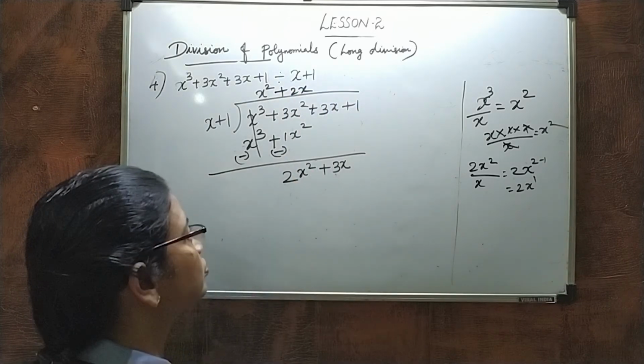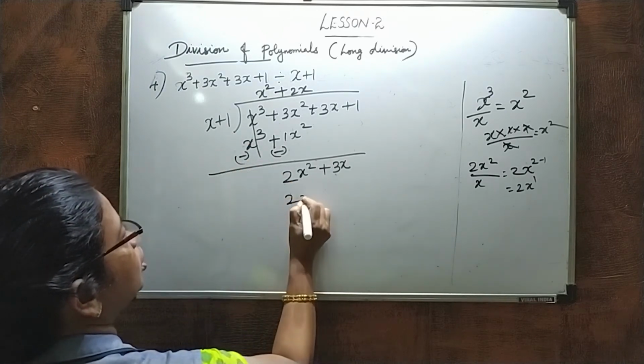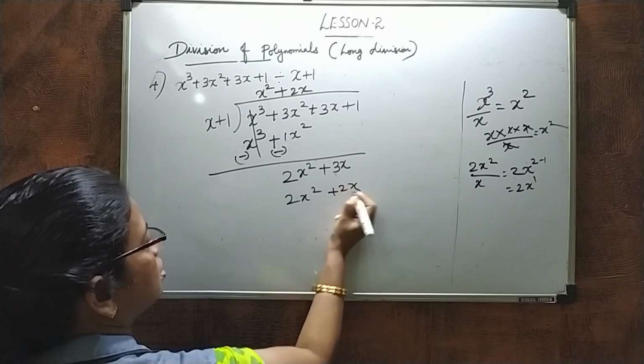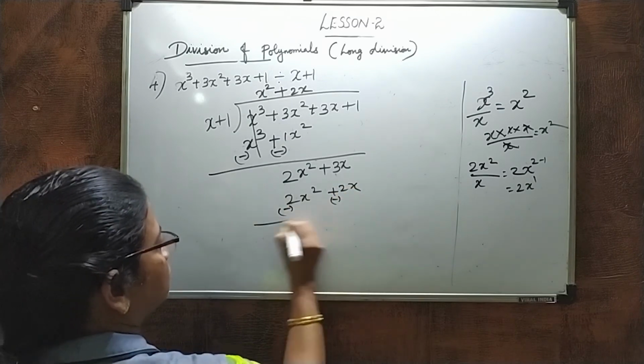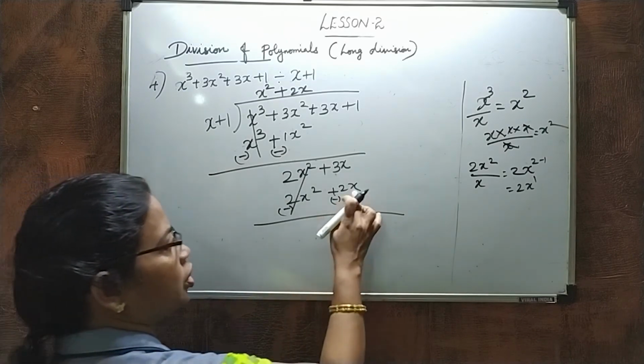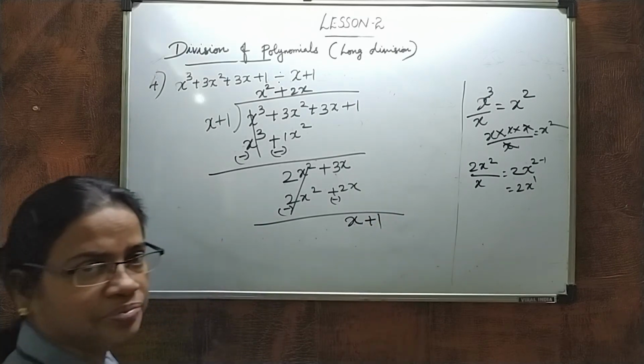Now multiply 2x into x plus 1, it will be 2x square plus 2x. Then sign change, cancelled. Here 3x minus 2x, x. Then write the next term plus 1.